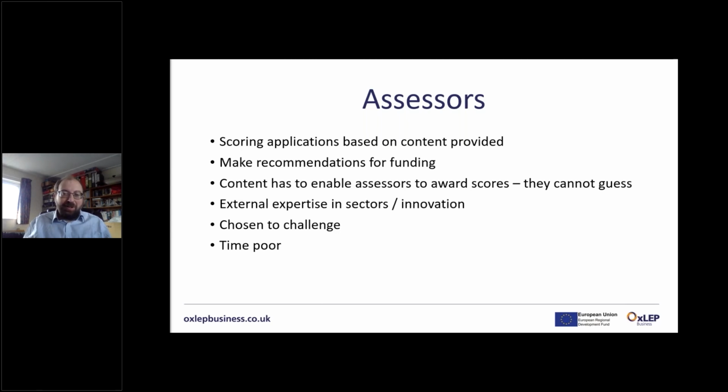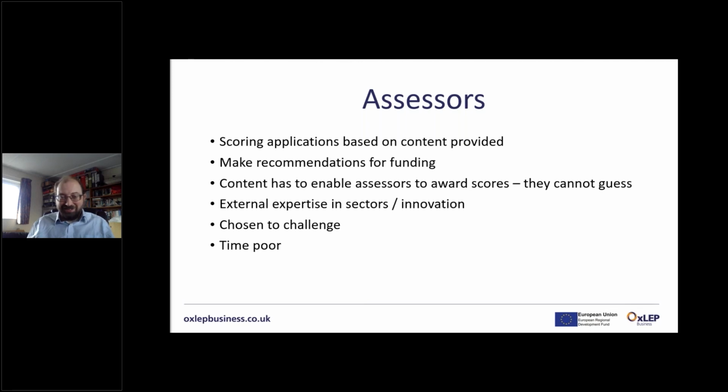If it's not in the application form, if it's not clear, we cannot award points for those elements of your application. If you haven't told us what the impact of your innovation will be on either your business or on the Oxfordshire economy or on the wider economy, for example, there's no way we can award the points for the impact on the business and the wider economy because we don't know what it is.